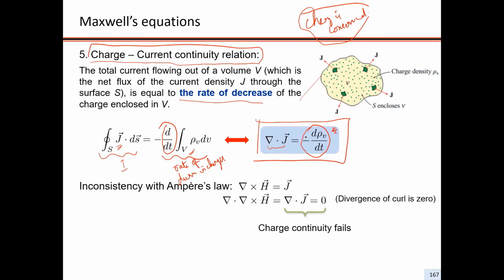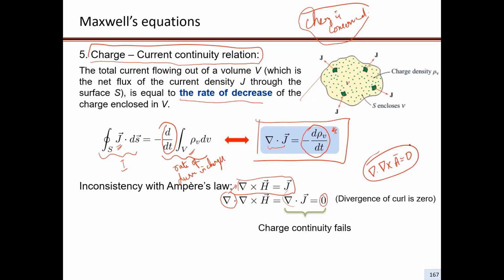If you go ahead and substitute in Ampere's law, and take the divergence of this expression, you notice that the divergence of J becomes 0, because the divergence of the curl of any vector field is equal to 0.